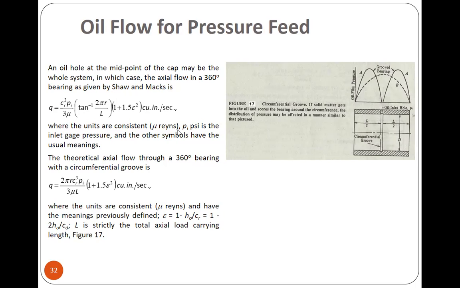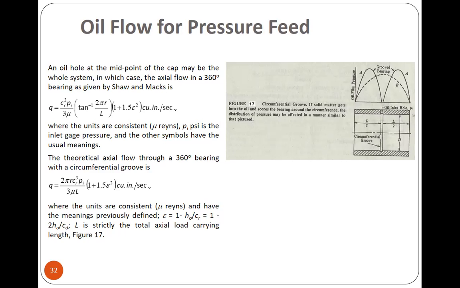Mu is in reyn, P sub I PSI is the inlet gauge pressure, and the other symbols have the usual meaning. So the theoretical axial flow through a 360 degrees bearing with a circumferential groove is Q is equal to 2 pi R sub C R cubed P sub I over 3 pi mu L times 1 plus 1.5 epsilon squared cubic inch per second.